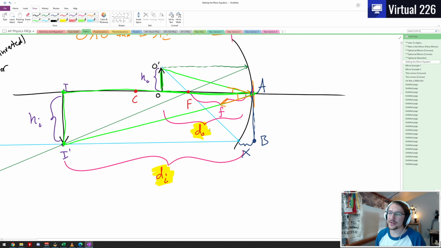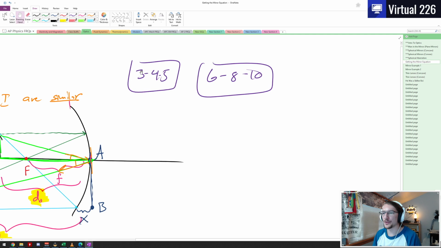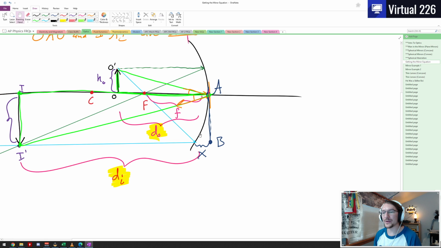Because if the distance is doubled, that means the heights would double. Just like up here, the 3, 4, 5 became 6, 8, and 10. If the 3 doubled, that means the 4 has to double and the 5 has to double. They all have to scale at the same amount to be similar triangles. So what we can say then is, look, however our distance ratio changes, our height ratio has to change as well.